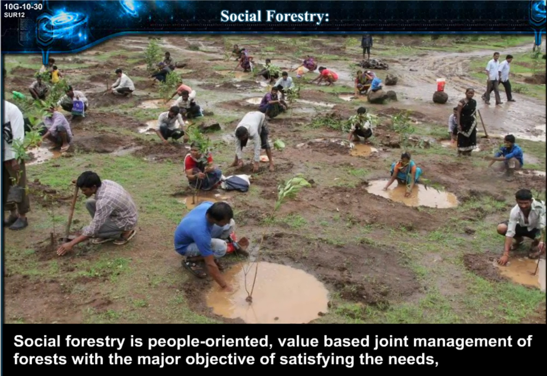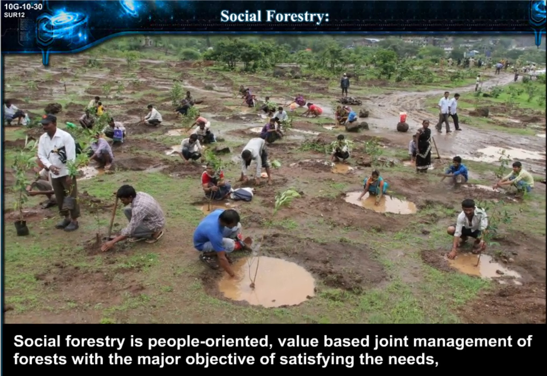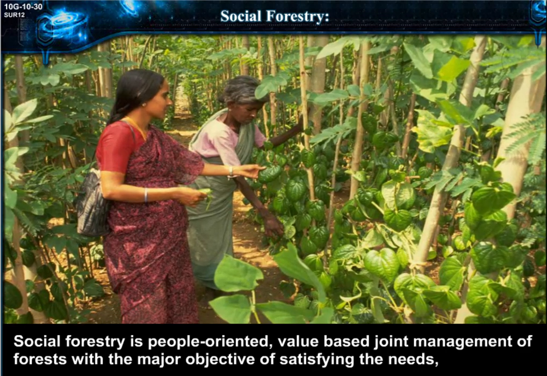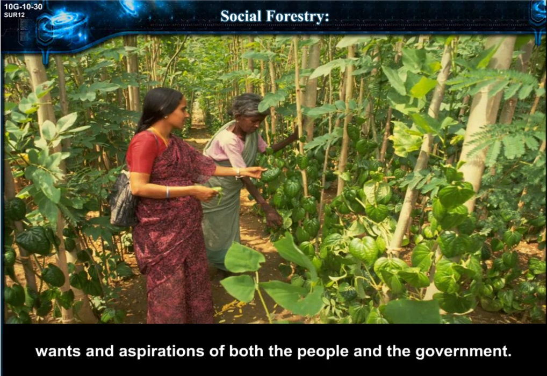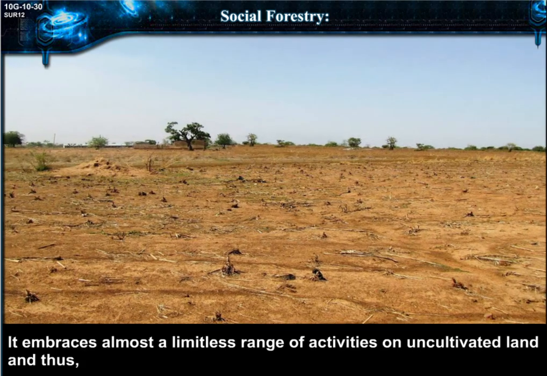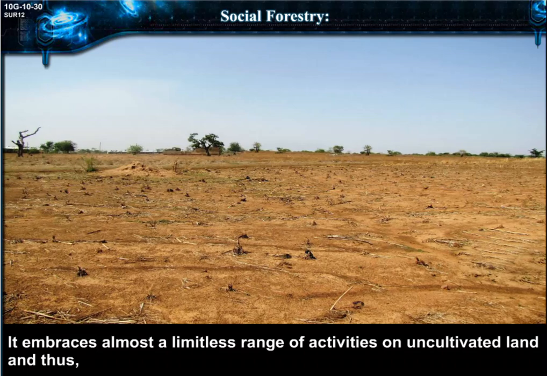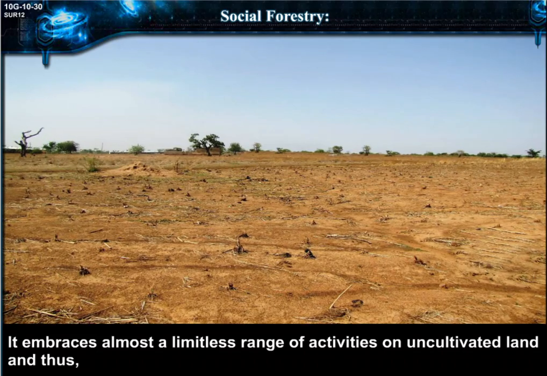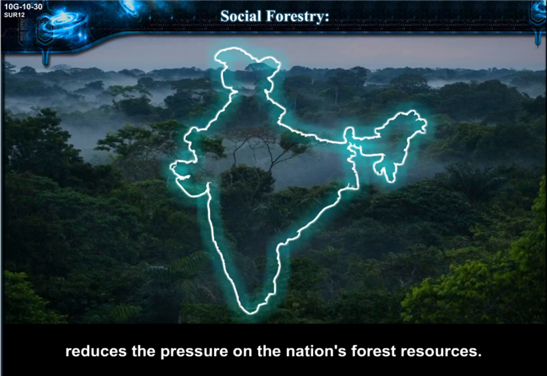Social forestry is people-oriented, value-based joint management of forests with a major objective of satisfying the needs, wants, and aspirations of both the people and the government. It embraces almost a limitless range of activities on uncultivated land and thus reduces the pressure on the nation's forest resources.